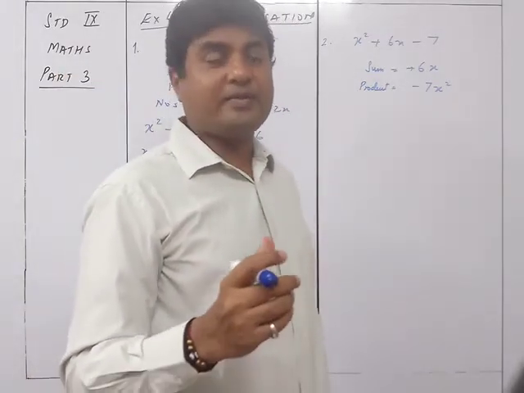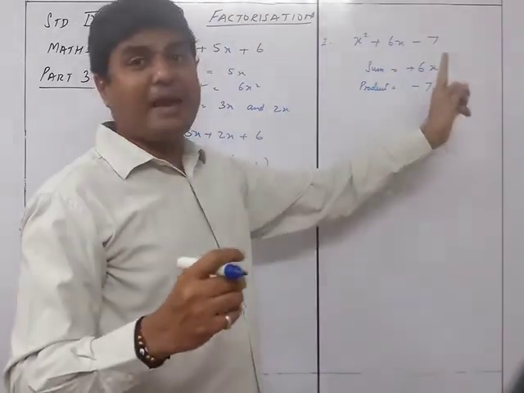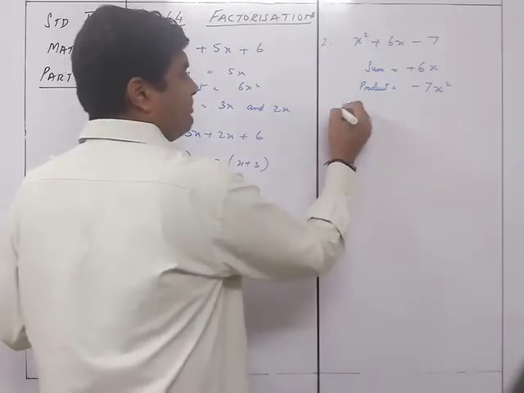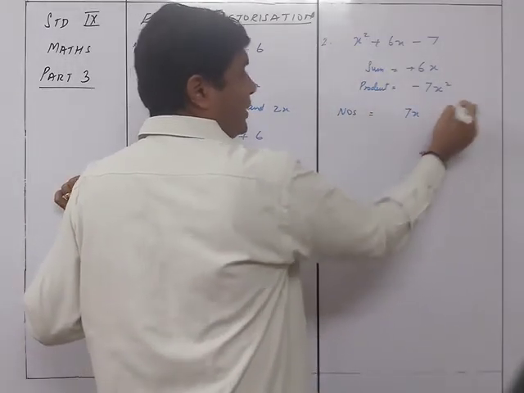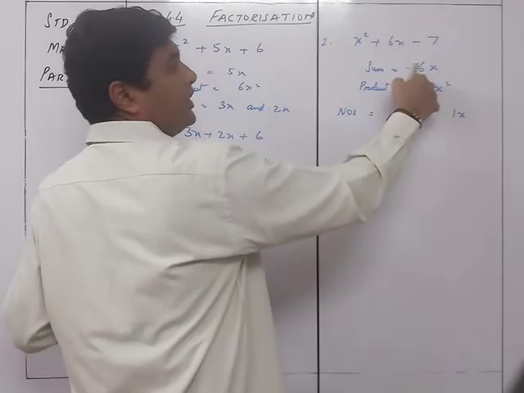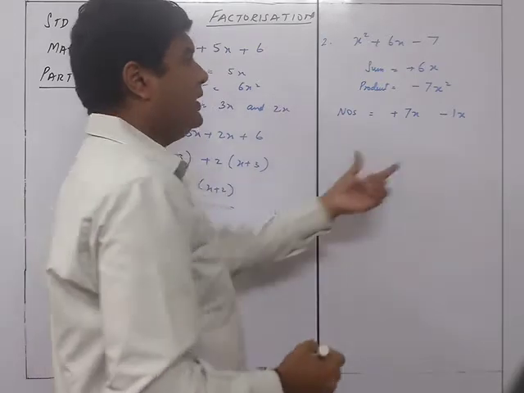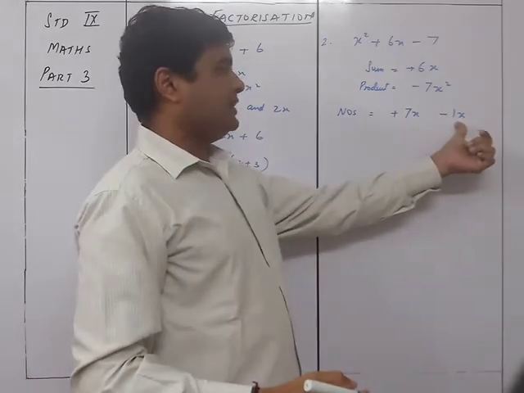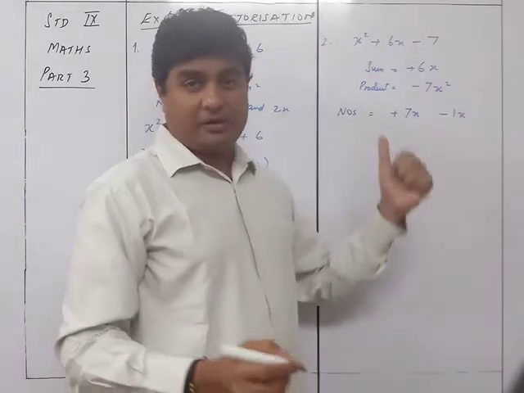If I take 7 minus 1, that is 6. So the numbers I can take are 7x and 1x. But I want a positive sign here, so this will be plus and this will be minus. You can see now that plus 7 minus 1 is plus 6, and 7 into minus 1 is minus 7.